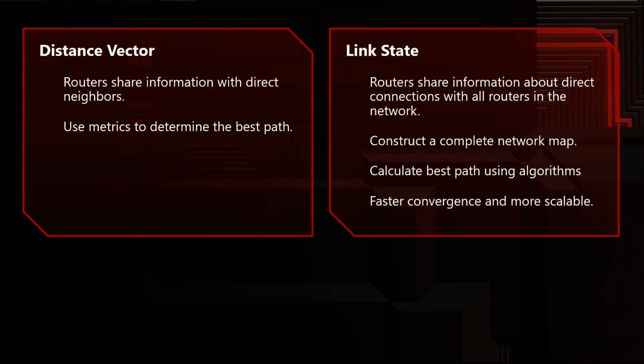A distance vector protocol does not have a complex way to determine the best path to a destination. It's usually just how far that destination is, versus a link state protocol, which is going to create a tree of the environment, and with all that information it's going to calculate the best path to a particular destination.